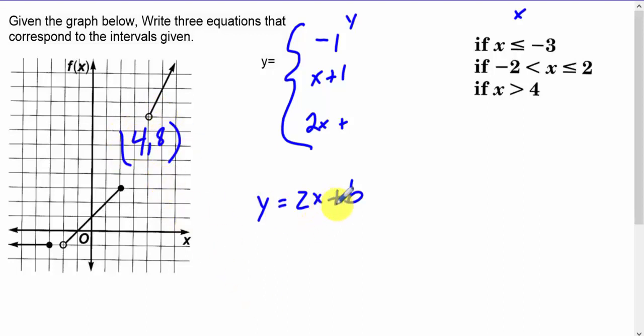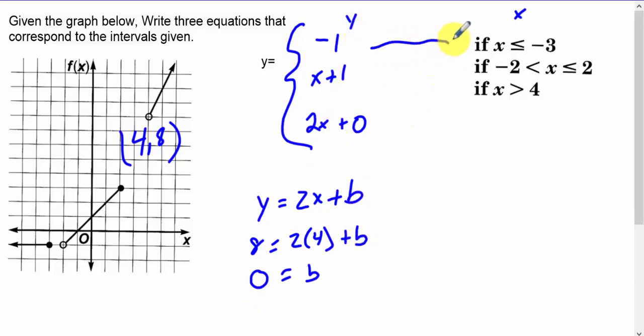So I know that 4, 8 is on this line. If I put an 8 here and a 4 here, solve for b, b ends up equaling 0. So 2x plus 0, or just 2x, gets that done. And there's my equation for x equal to -3, x between -2 and 2, and x greater than 4.